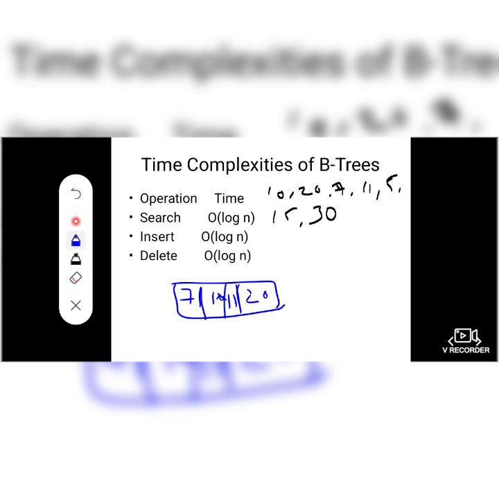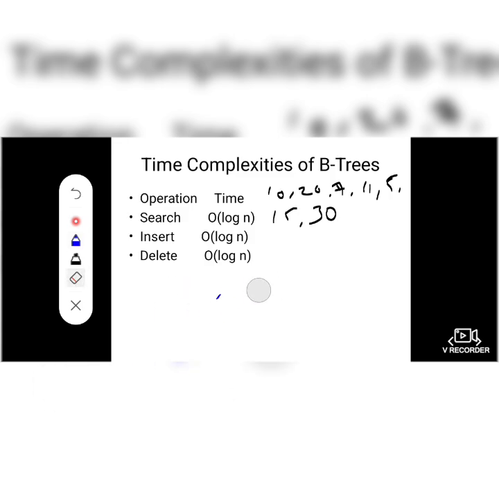So here it goes to split, and the 11 will go up. 11 is divided, and 7 and 10 are less than it, so they will be on the left.